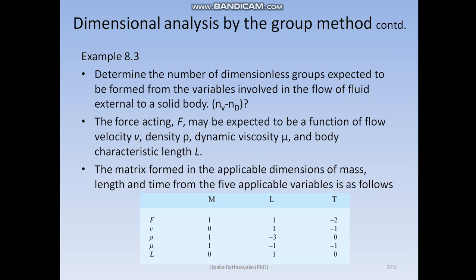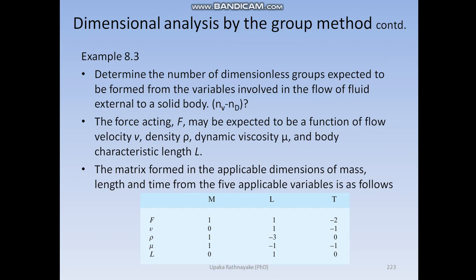Let us say the number of variables is nv. We have three basic dimensions M, L, T and call them nd. The Pi theorem says we can obtain nv minus nd number of pi numbers, and all these pi numbers are dimensionless.